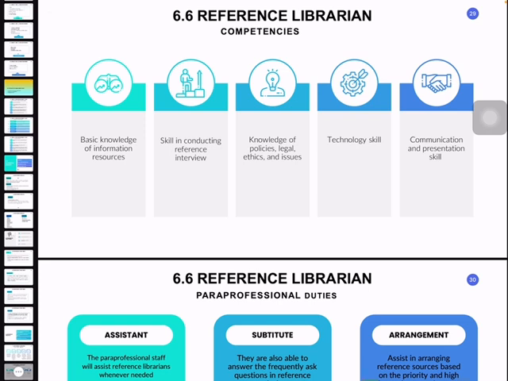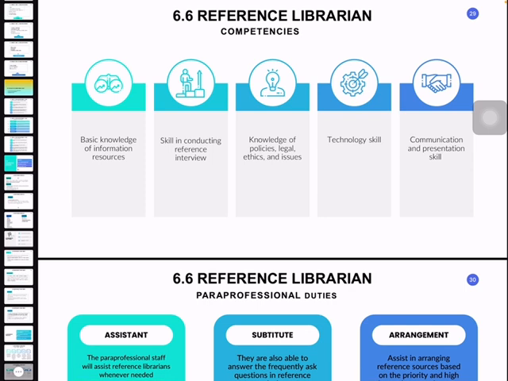So, competencies of reference librarian including basic knowledge of information resources. Dia kena ada pengetahuan asas at least berkenaan dengan bahan-bahan yang membekalkan maklumat. Then, they need to have skill in conducting reference interview. Okay, conducting reference interview. Ada skill ni sebabnya they need to trigger what is the needs of the users.